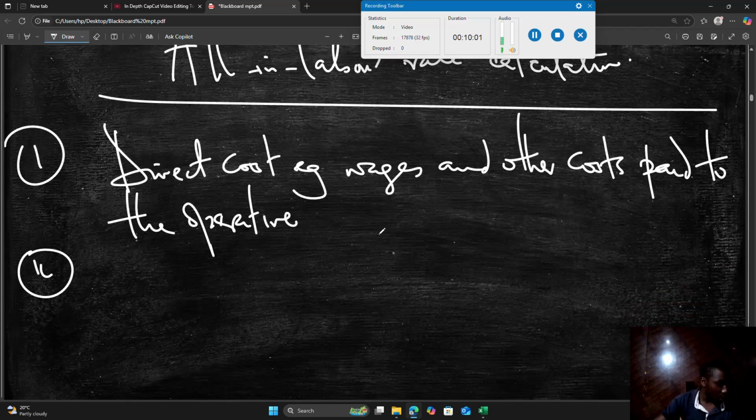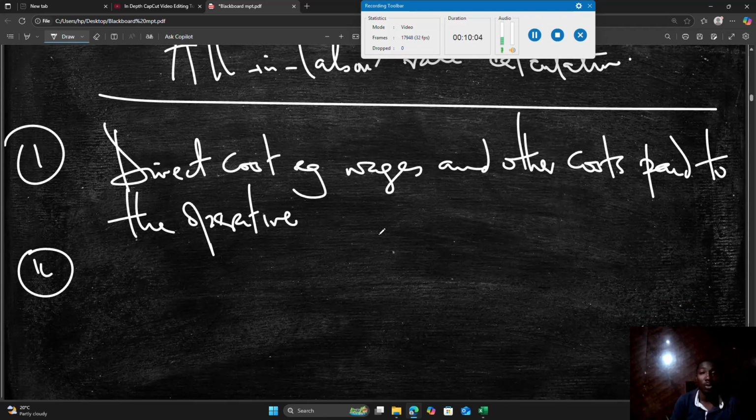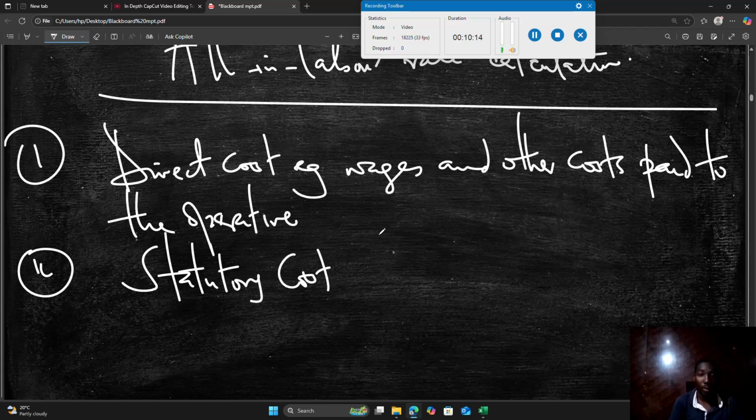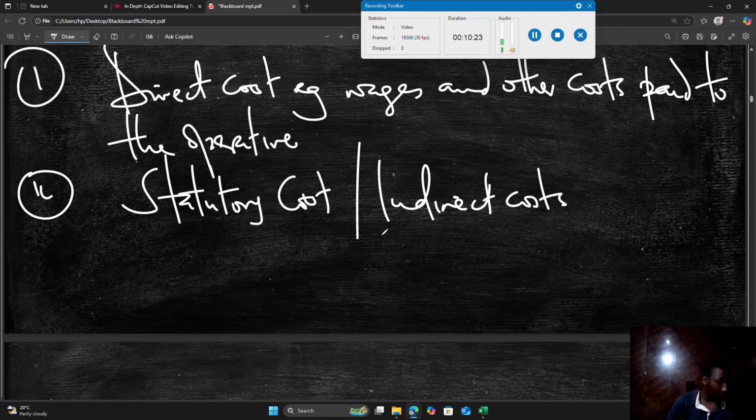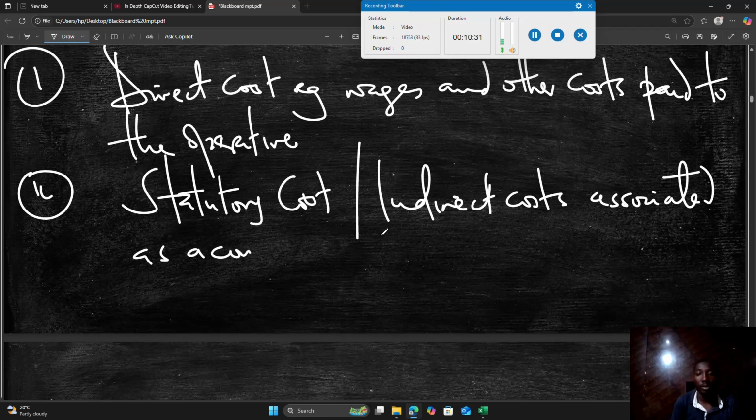Two, I want to look at statutory requirements, laws which determine how much we are supposed to pay the worker. Of course, these are indirect costs, whereas what we looked at first are direct costs. Indirect costs are associated as a consequence of employing labor.